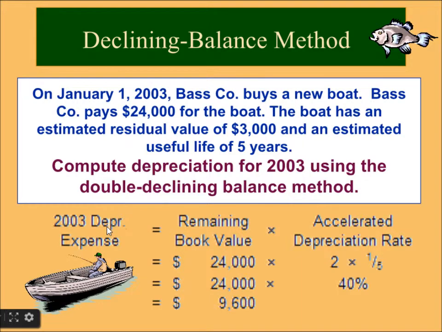To calculate the first year of depreciation expense, we will just use the book value multiplied by the accelerated depreciation rate. Book value given for 2003 is $24,000 multiplied by 40%, which will give us $9,600. So for 2003 the depreciation expense journal entry will be 9,600.